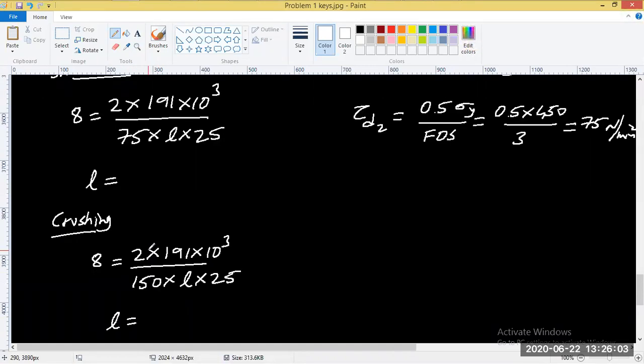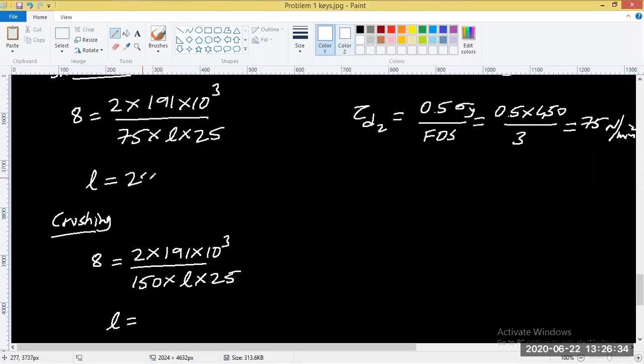So let's see how much the length comes to using both these two equations. It's 2 into 191E3 divided by 75 into 25 into 8. So we got 25.46.